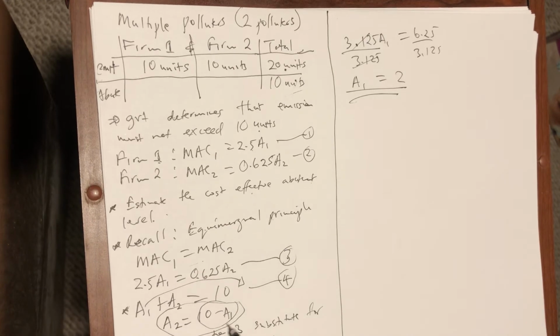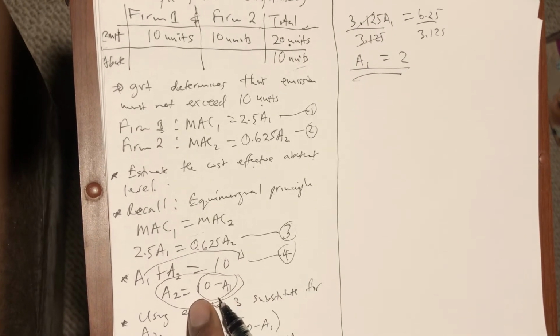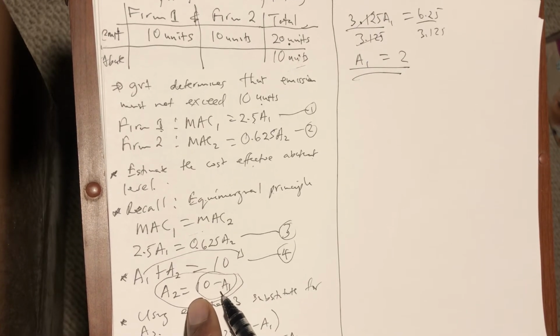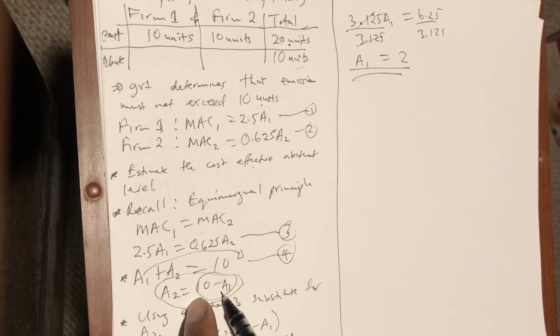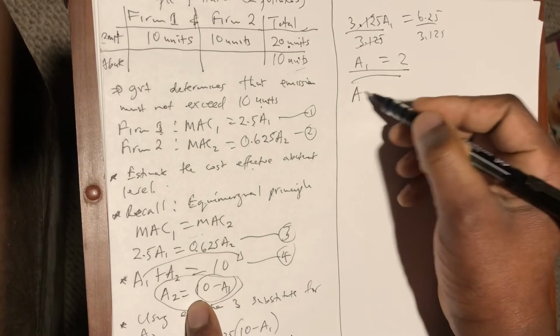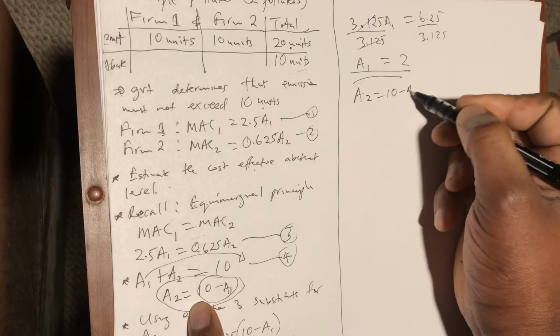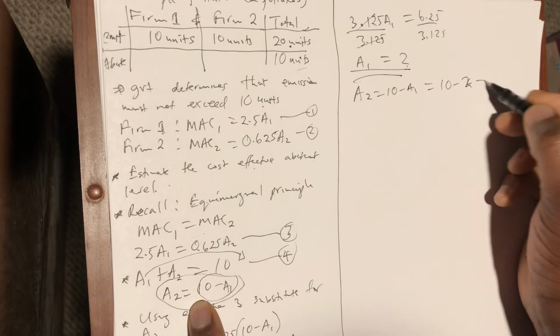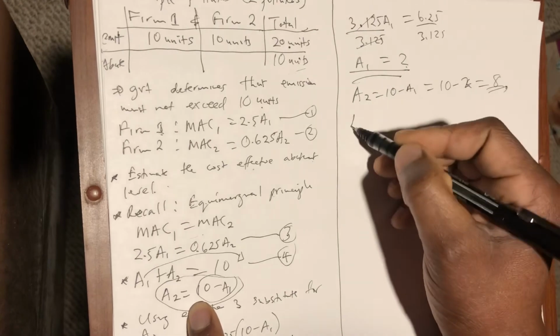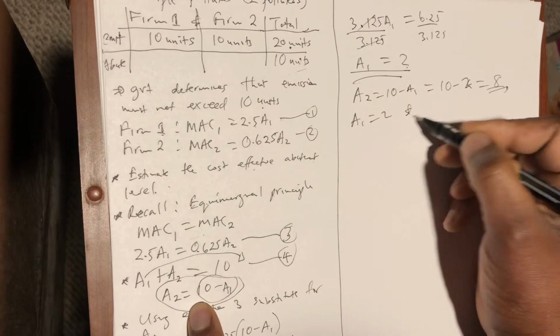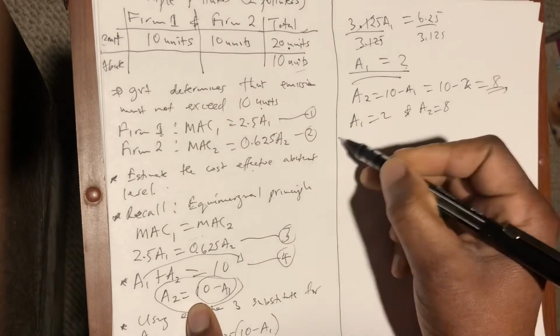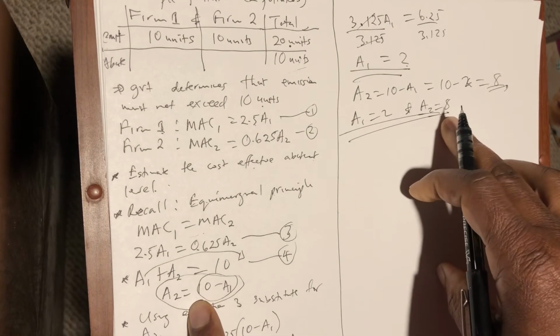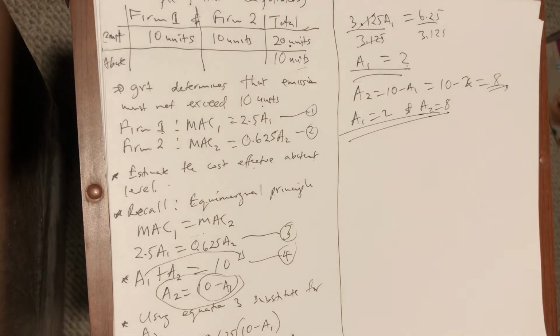Then if we go back to the second step, where A2 is equal to 10 minus A1, it implies 10 minus 2, which is equal to 8. So A1 is equal to 2 and A2 is equal to 8. This is the cost-effective abatement level for these two firms, right?